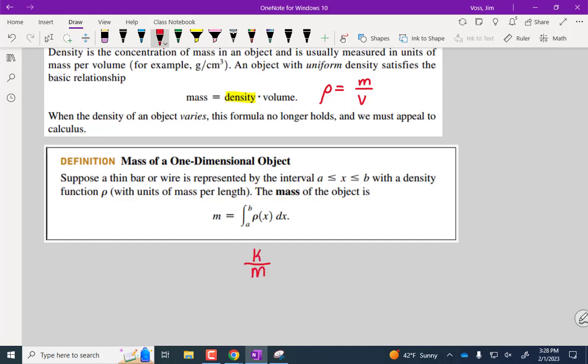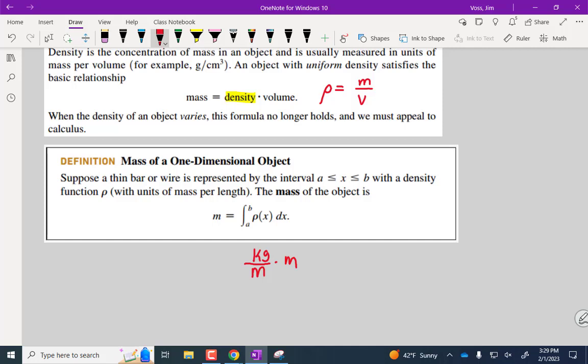So this is kilogram per meter, and then this is a unit of length, so that's just meters. So you end up with kilograms. So this is a little kilogram. Add them all up and you'll get to the total kilograms. We'll look at lots of units in a minute.